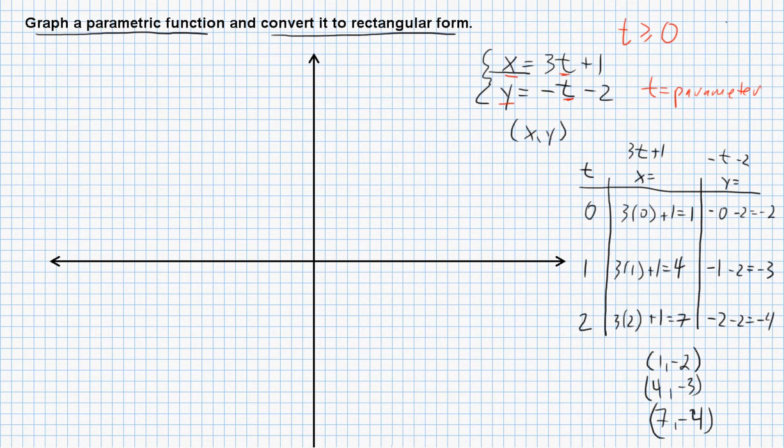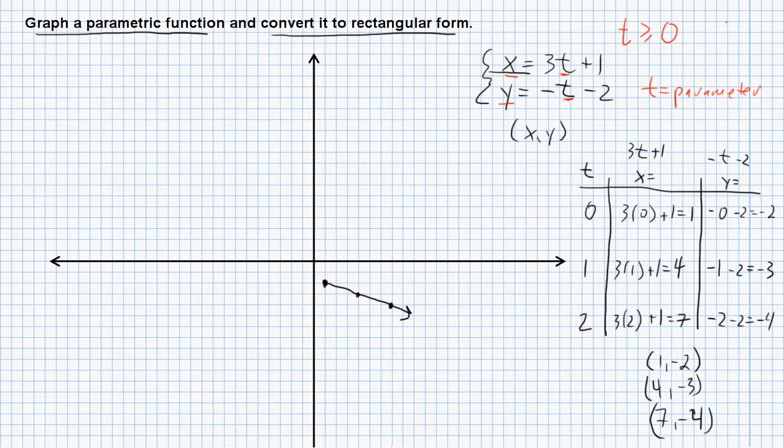Now we graph those three points: 1, negative 2; then 4, negative 3; and then 7, negative 4. They make a nice straight line. There's the graph of the parametric function, which keeps going forever in the positive x direction, but starts at a point there because that's where t is first defined, at t equals 0.